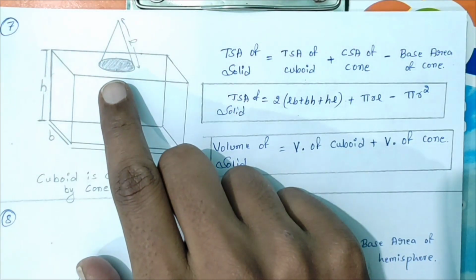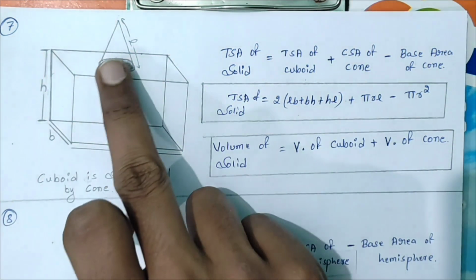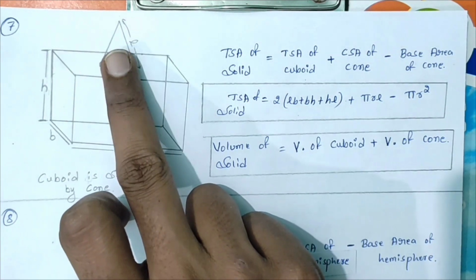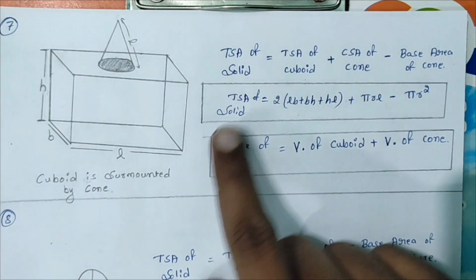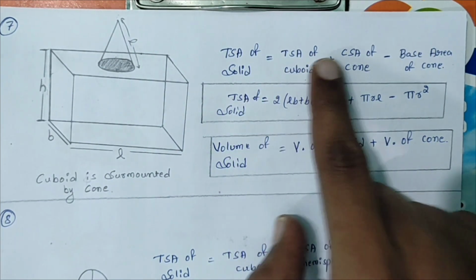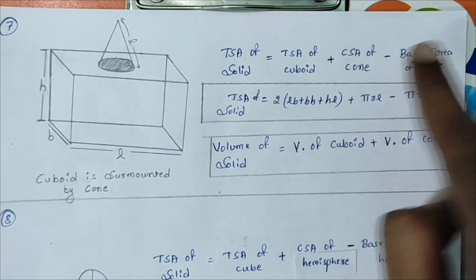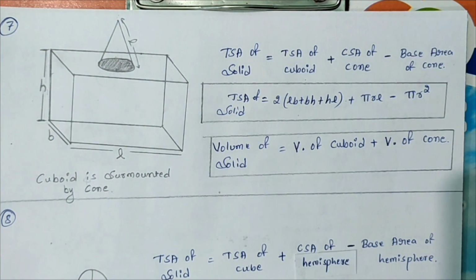After eliminating, we have to add the curved surface area of this cone. Then we are going to get the total surface area of the solid, which is equal to total surface area of a cuboid plus CSA of cone minus base area of cone.